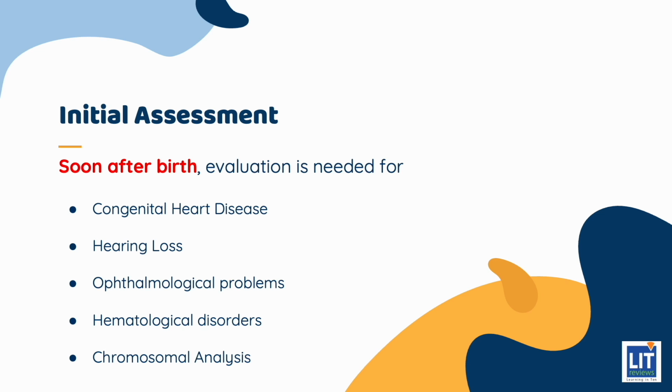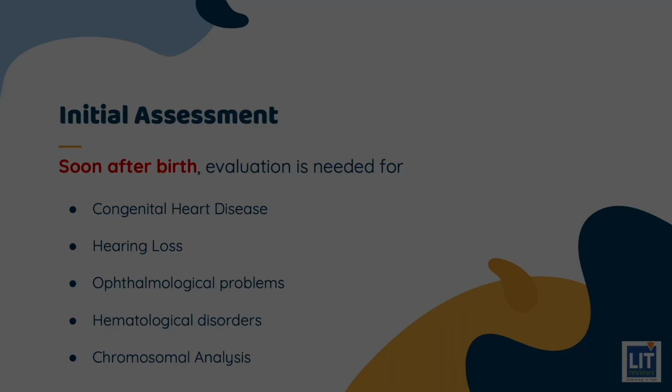Assessment for congenital heart disease should be performed using an echocardiogram, regardless of whether a prenatal echocardiogram was performed. Hematologic disorders will be discussed on the next slide. Chromosomal analysis is indicated to evaluate for the possibility of a balanced translocation, which would influence the likelihood that subsequent children in the family may have Down syndrome.